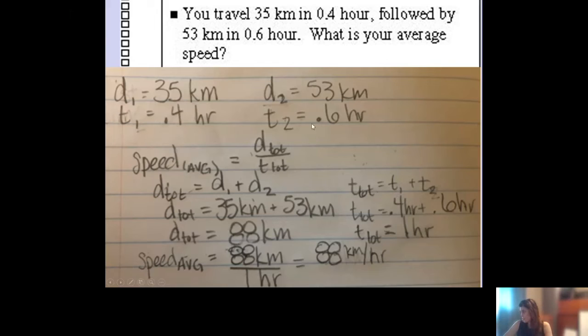Total time is equal to the first time plus the second time. So it's 0.4 hours plus 0.6 hours. And then you put the total distance in this spot and the total time in this spot. Notice that I never dropped off my units. Numbers without units, we don't like them. So your average speed is 88 kilometers an hour.